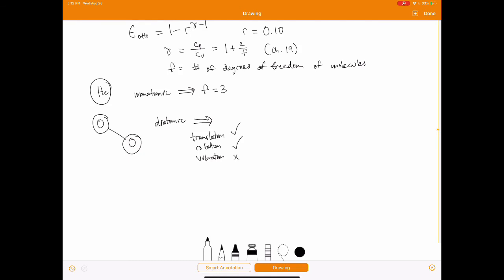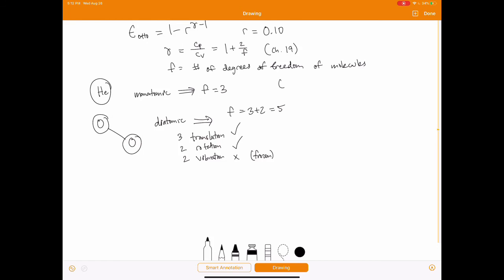But vibrational degrees of freedom are typically frozen out unless the temperature is ridiculously high, like several thousand Kelvin. So we can assume those are frozen out. And how many of each type do we have? Well, we have 3 translational and 2 rotational and 2 vibrational. But again, the ones that are active are going to be 3 plus 2, which is 5. Okay? So it's reasonable to assume about 5 degrees of freedom here.